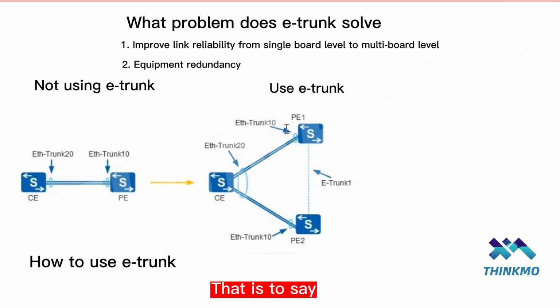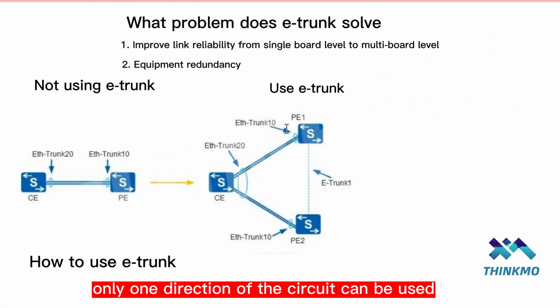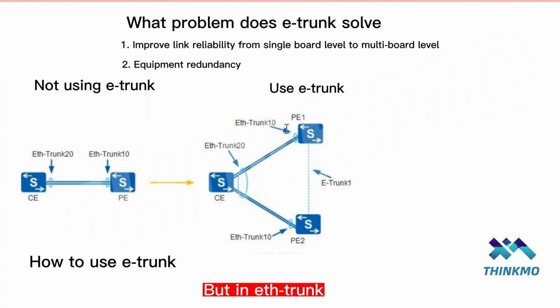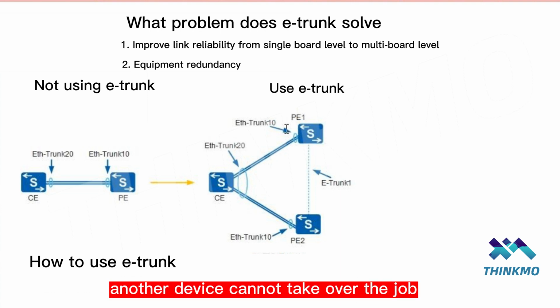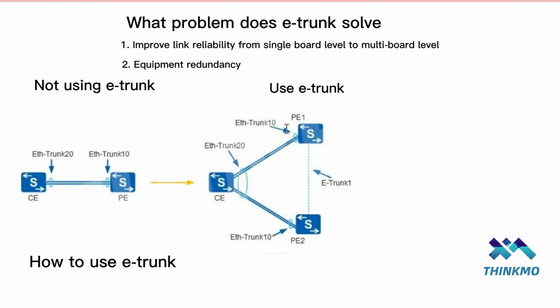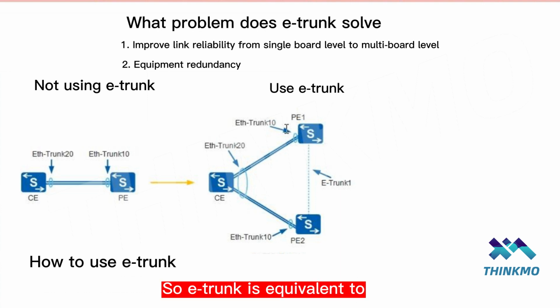That is to say, for the CE side, although I see one device, normally only one direction of the circuit can be used. But in Eth-trunk, after a device fails, another device cannot take over the job. It's okay for E-trunk. So E-trunk is equivalent to an Eth-trunk extension.